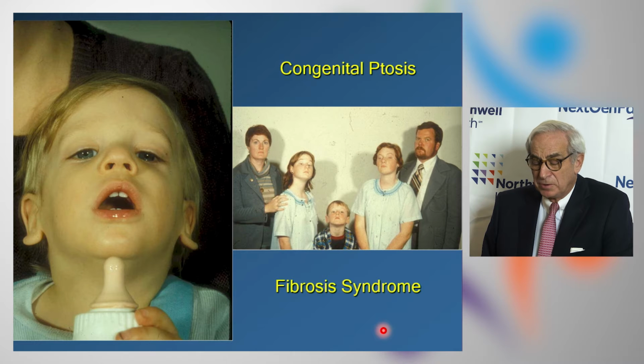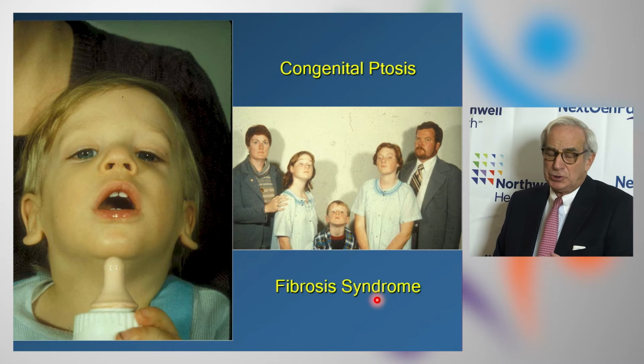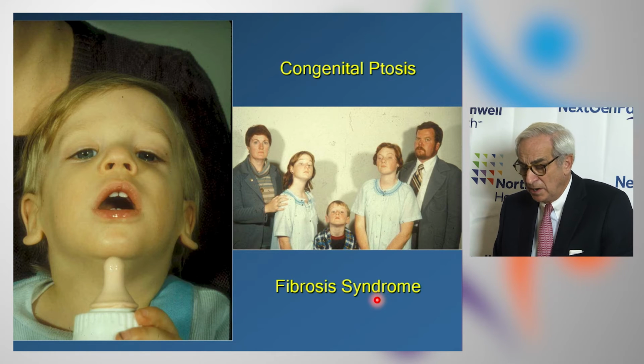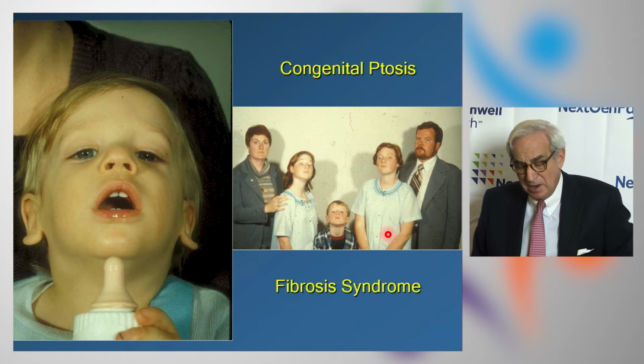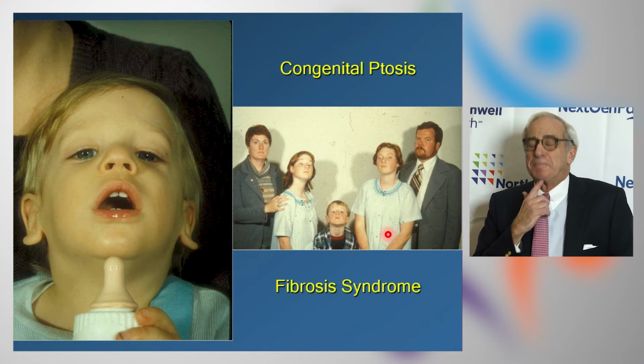One of the more difficult and interesting ones is fibrosis syndrome, and it does occur in 2% of craniofacial patients, but less than 1% of live births. And fibrosis syndrome, if you look at the parents and all three children in this particular family, it was autosomal dominant. They have a chin-up position.